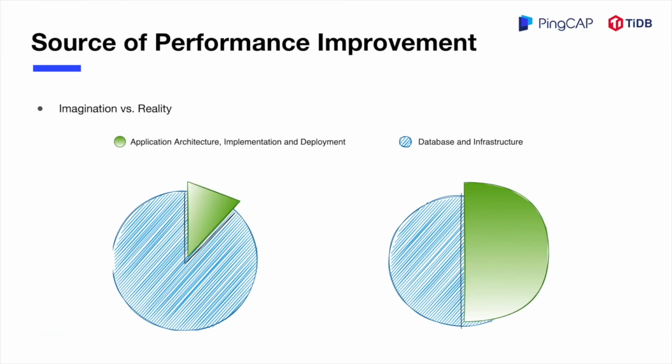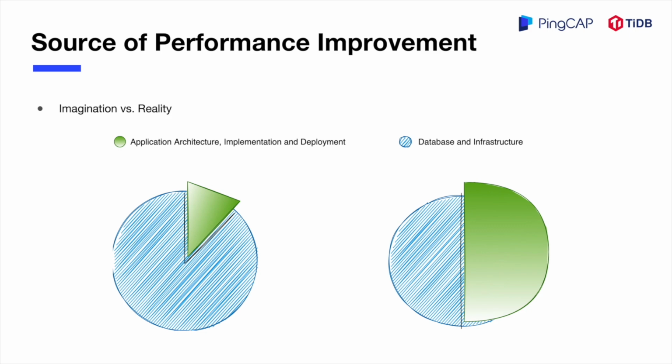Next, here is the source of performance improvement. What does that mean? The picture on the left shows the percentage of the expected performance benefits from different sources that we imagine. Developers often habitually believe that performance optimization should start with optimizing the database internally or starting with the basic framework.